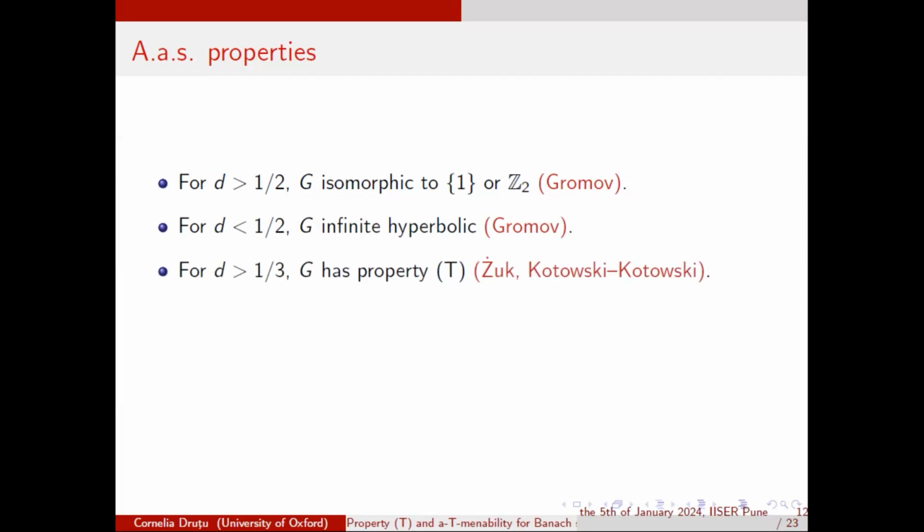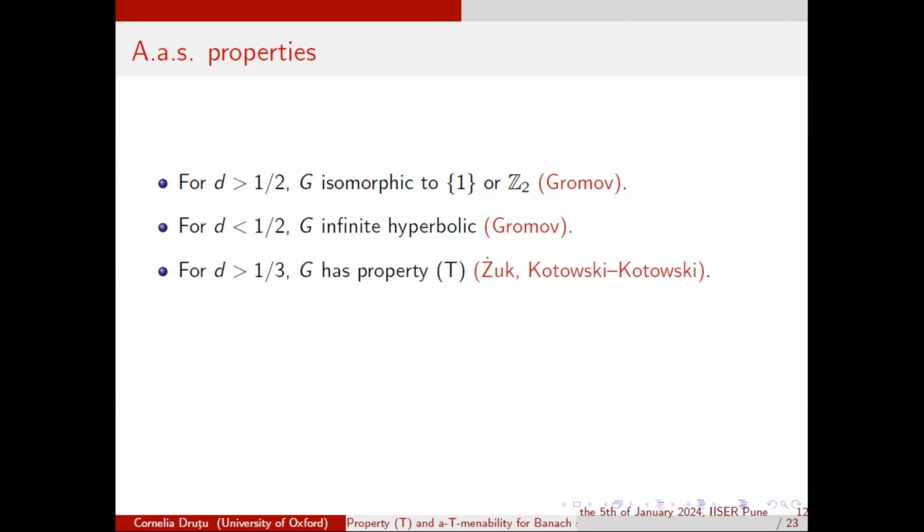Now, if the density is larger than a third, then the group has Kazhdan property T asymptotically almost surely. This was proved by Zhuk, and more recently, his proof was refined, improved and in fact generalized to other models by two brothers, the Kotowskis.